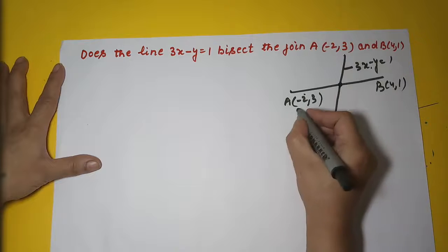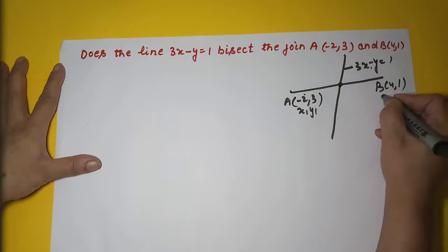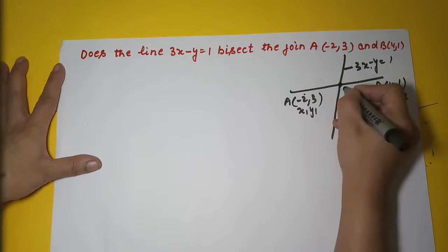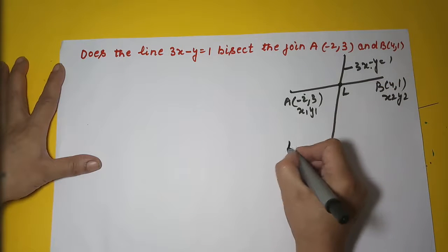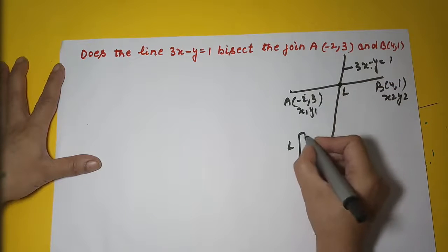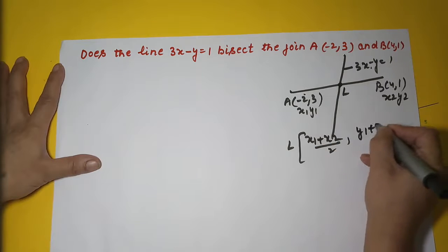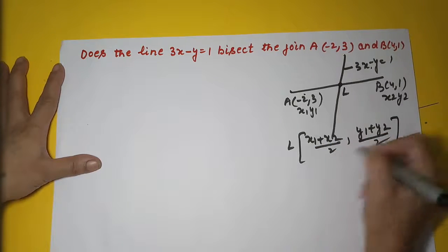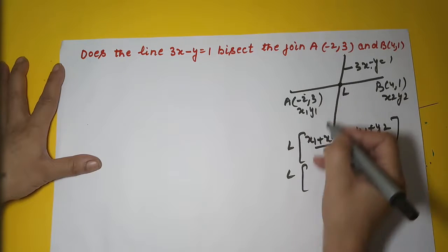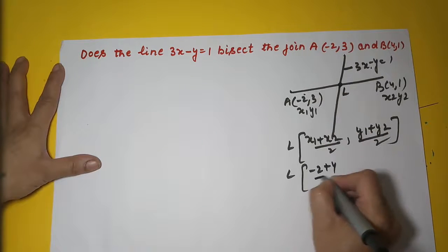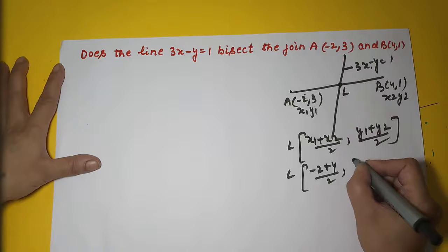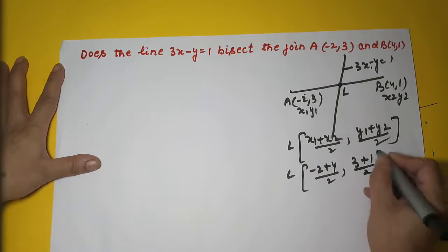By midpoint formula, we know that this is x1, y1, this is x2, y2. And if we name this point as L, the coordinates of L will be (x1 plus x2) by 2 and (y1 plus y2) by 2. So x1 is -2, x2 is 4 divided by 2, y1 is 3 plus 1 divided by 2.